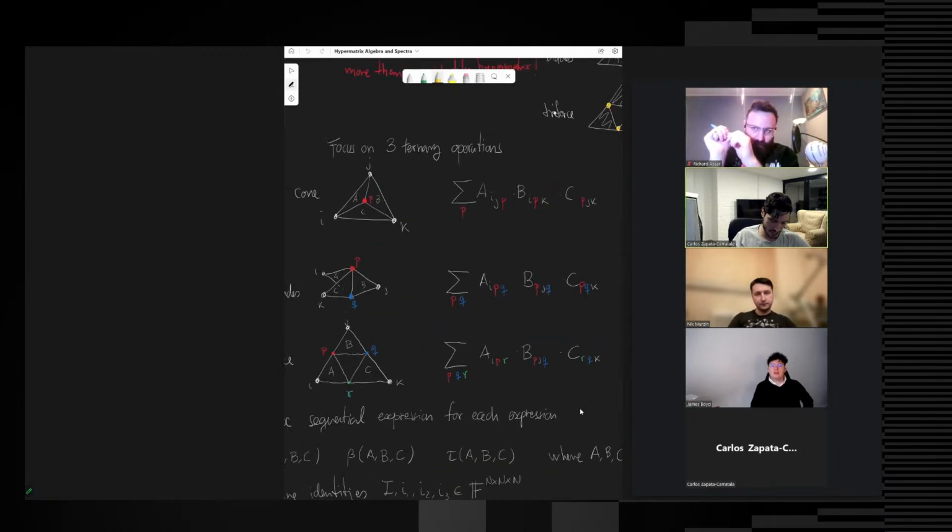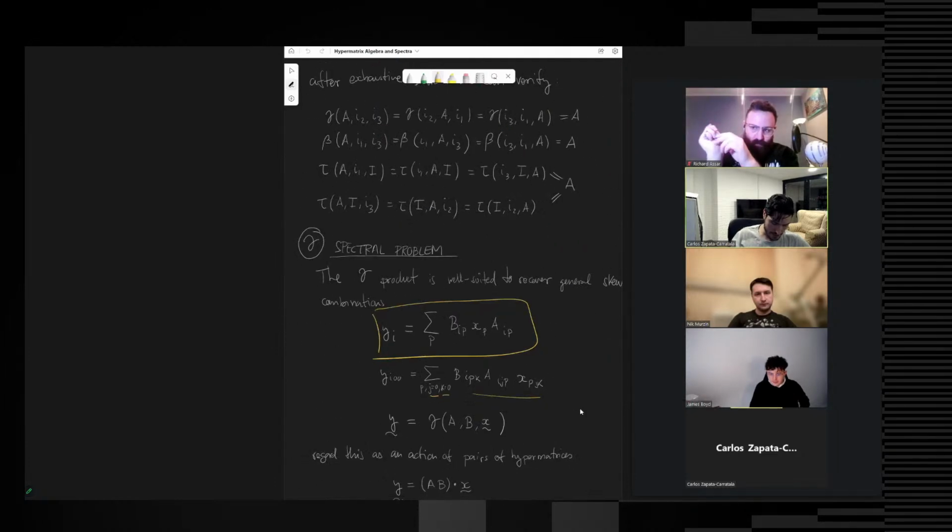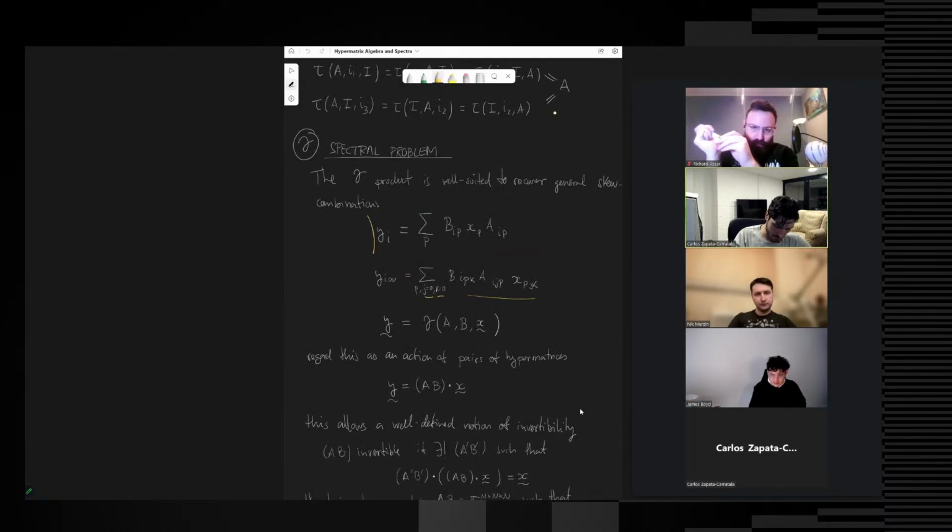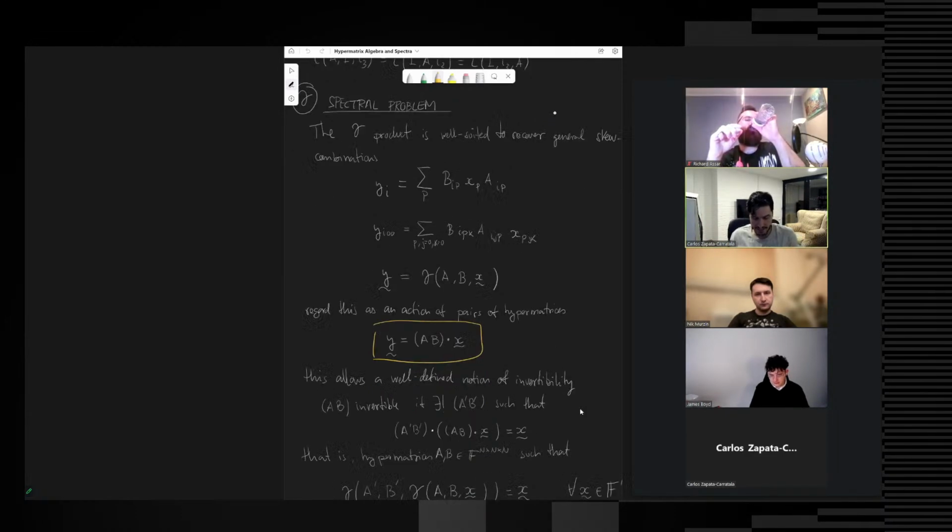So it's a nice observation, because you end up with y as a vector given by AB applied to x. So you can effectively have this sort of action like you do with matrices that act on a vector, but in this case, instead of a single matrix, now it's a pair of cubic matrices that act on a single vector.